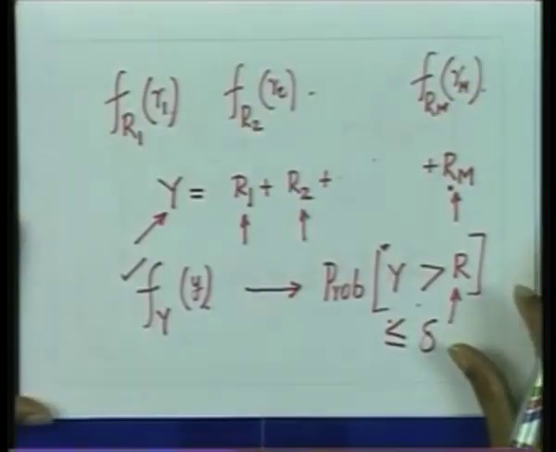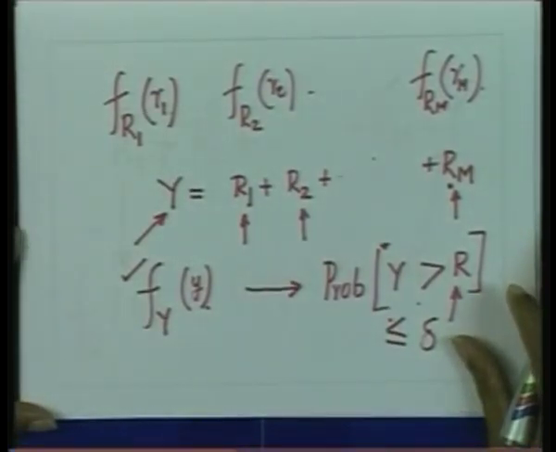A typical quality of service (QoS) mechanism would work like this: each user submits its probability density function to the network. In this example, user 1 submits its density function f_R1, user 2 submits f_R2, and so on.